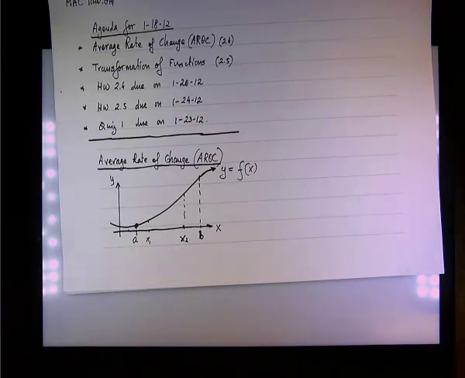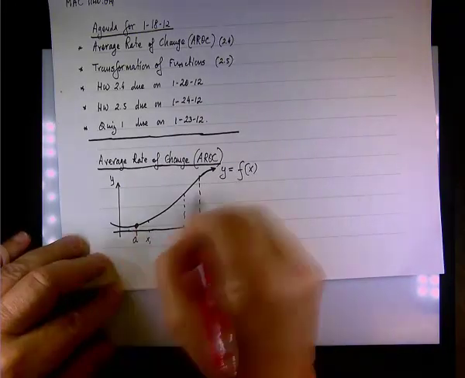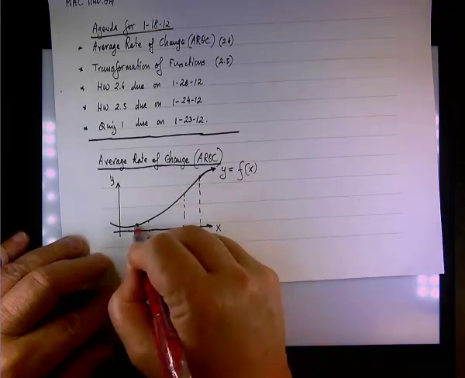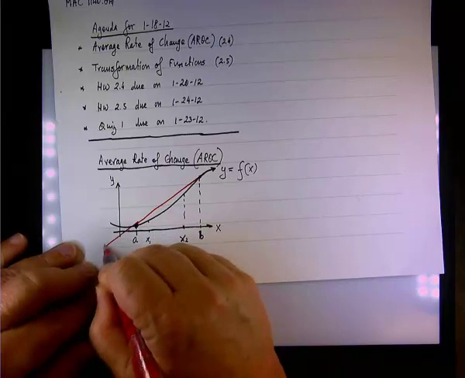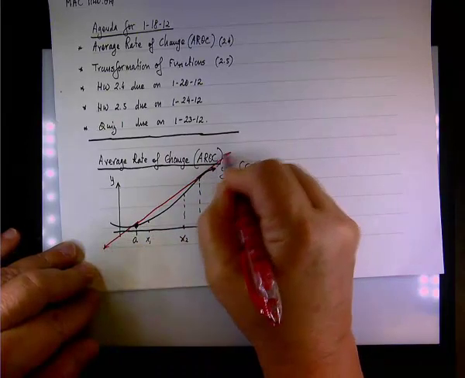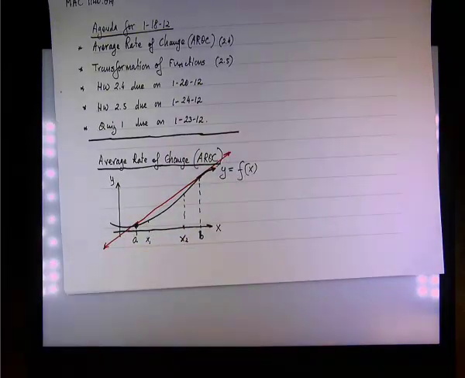If we are interested to know what happened between A and B, we need to take the average. How do we do so? We're going to draw a line that intersects the 2 points in question, a line that passes through these 2 points, like so. The points in question have the following coordinates.